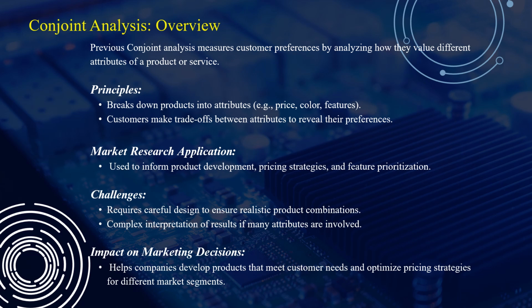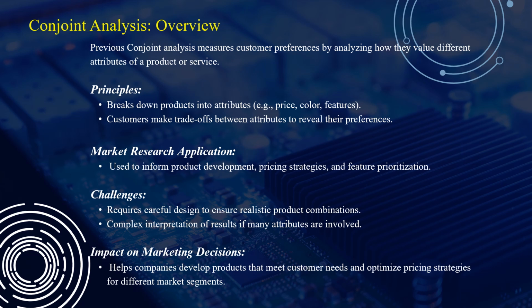However, designing a conjoint study requires making choices realistic and not overwhelming, and the impact on decisions is profound, as it allows companies to fine tune their product offerings and create pricing strategies that resonate with their target market.